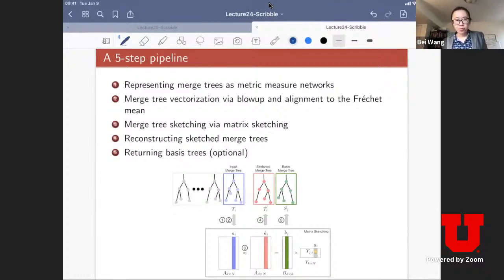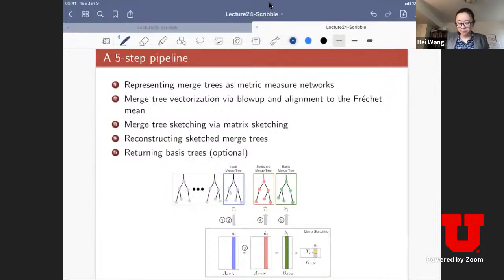So what is the framework? The framework is that in order to apply matrix sketching to complicated structures such as merge trees, the first thing I need to do, which is step 1 and step 2, is to map the input tree to a high dimensional vector. And this mapping requires two things.